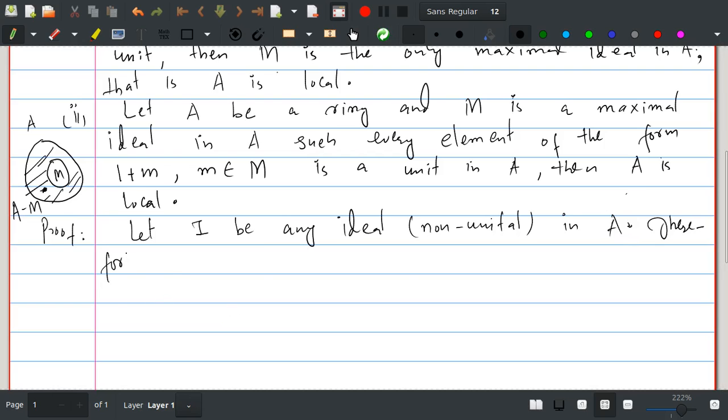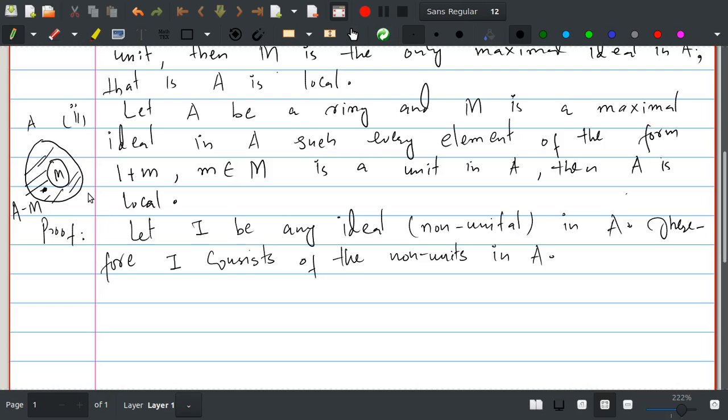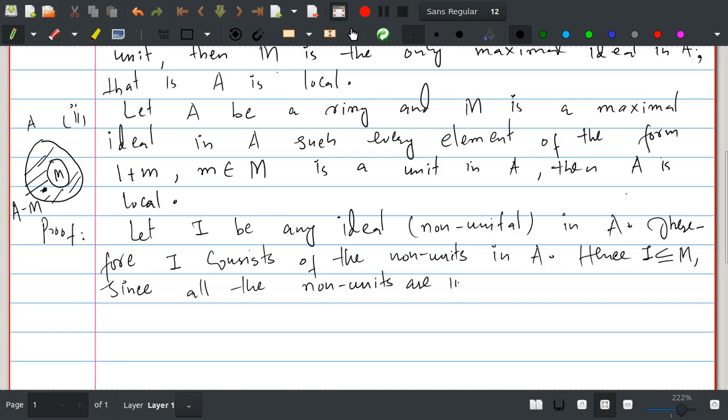Therefore I consists of non-units in A, but all non-units in A are inside M. That means I is contained in M, since all the non-units are inside M. So this is true for any non-unital ideal.